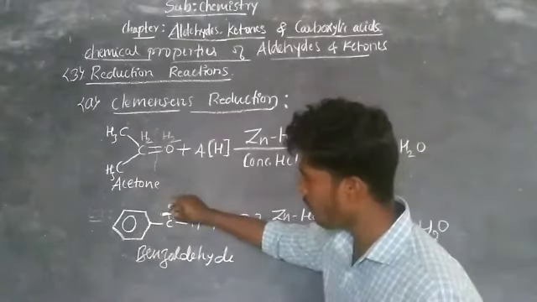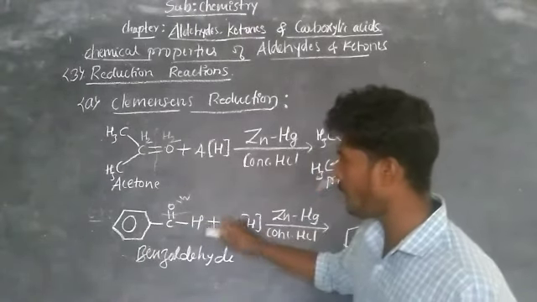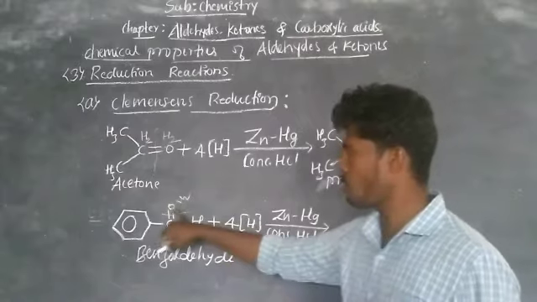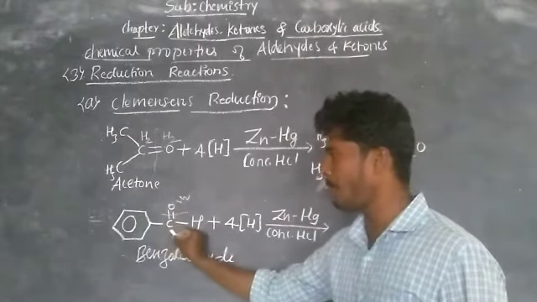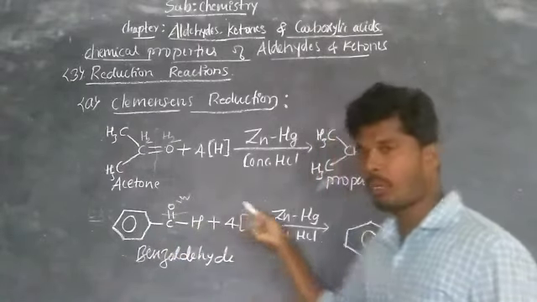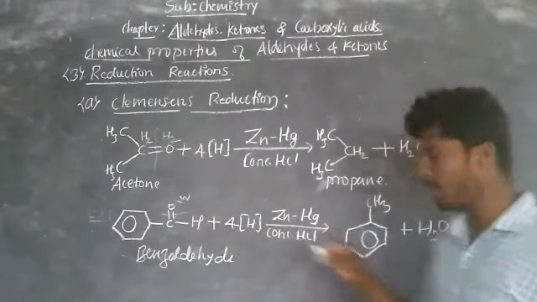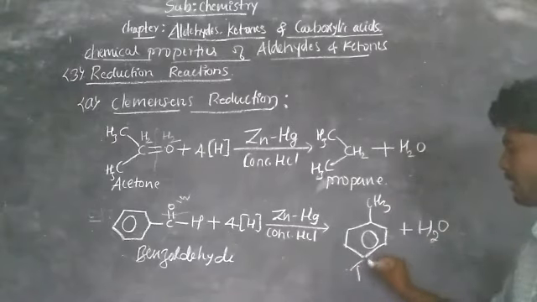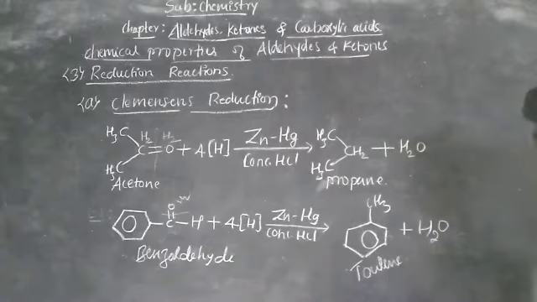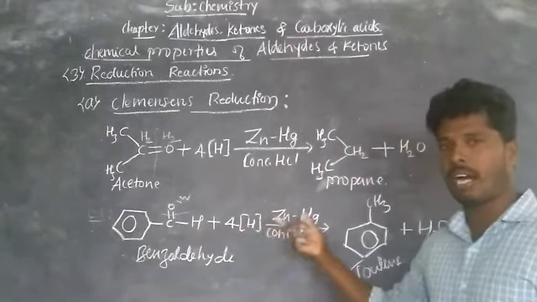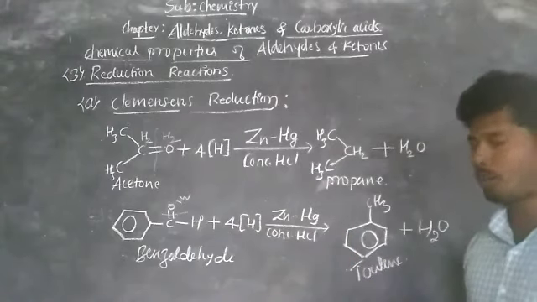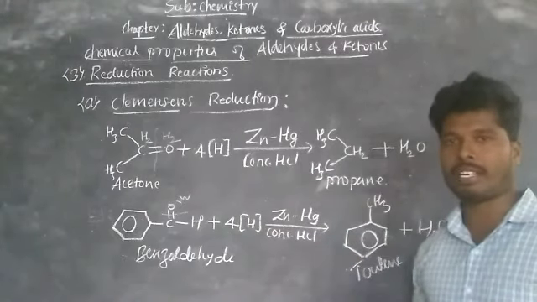Then 2 hydrogens for this carbon, and 2 hydrogens with oxygen. Then CH2 and H becomes CH3, and H2 and O become water. Now what is its name? Toluene. So like that you get the corresponding hydrocarbons from aldehydes or ketones. This is called Clemmensen's reduction.